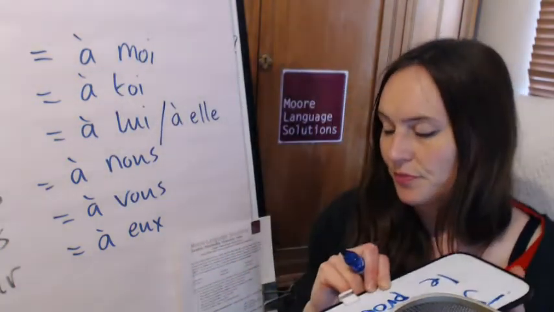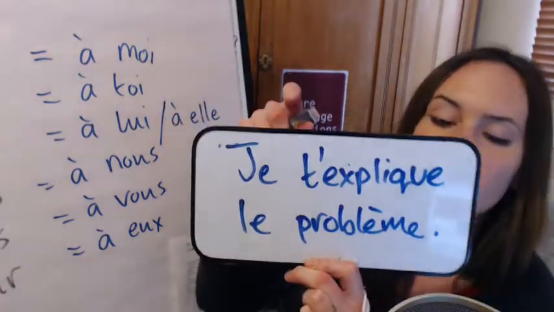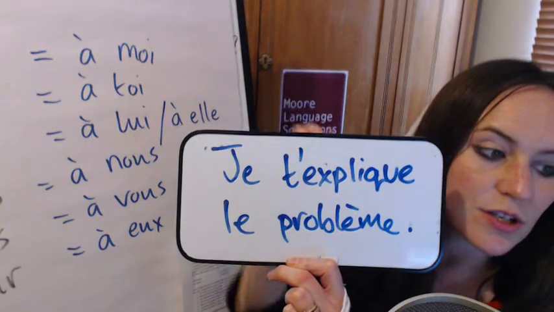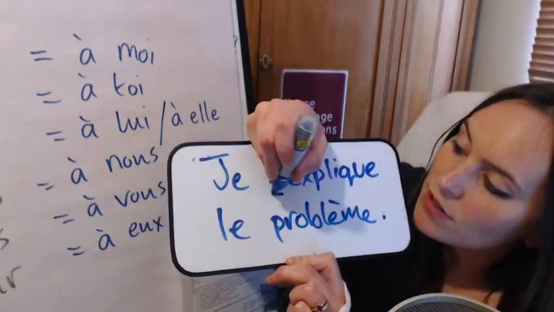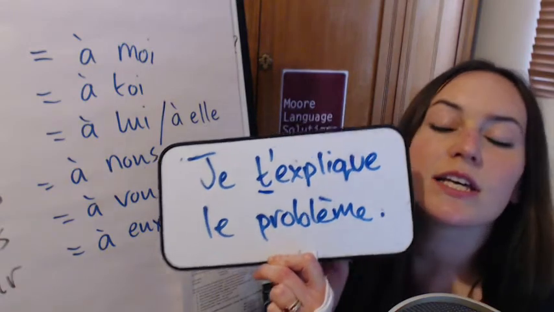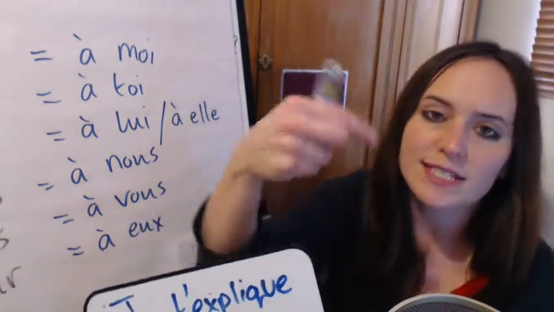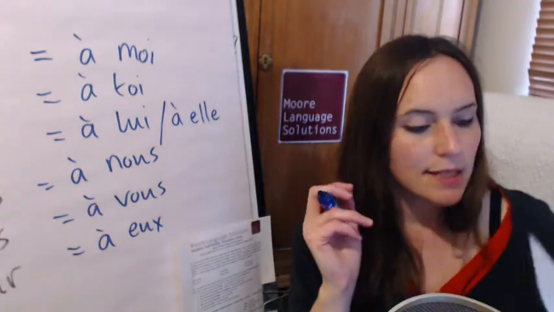So, what I'm doing here is I've got the sentence, and here in front of the verb I'm putting the pronoun. Te, or T apostrophe, is short for te, which replaces à toi. So let's have a think.